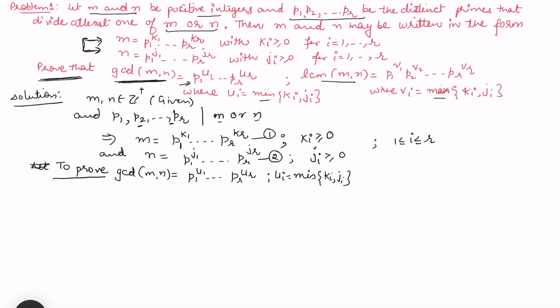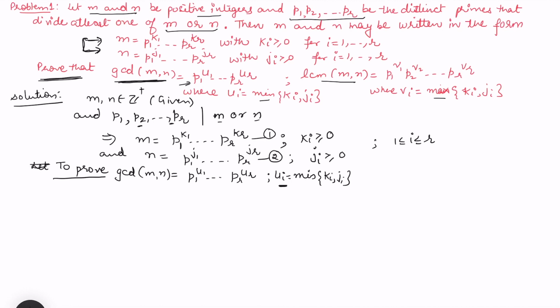This is obvious also, because the greatest common divisor has to take the least power. But let's see how to write and prove this mathematically. Here there are two possibilities, because ui is the minimum of ki and ji.